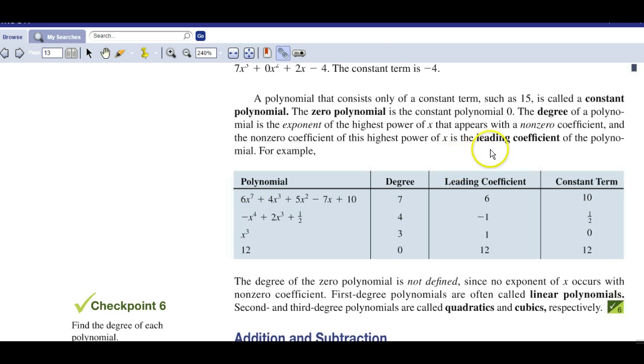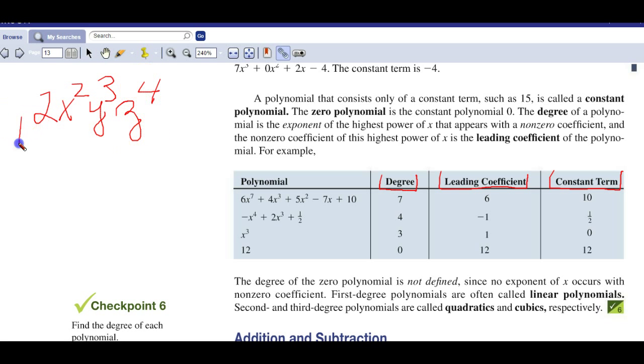Now another item of vocabulary that they'll be asking you to work with is, what is the degree of something, what is the leading coefficient, and what is the constant term. So there is our polynomial, and the degree of something is defined as, let's say something like this, 2x squared y to the 3rd z to the 4th.